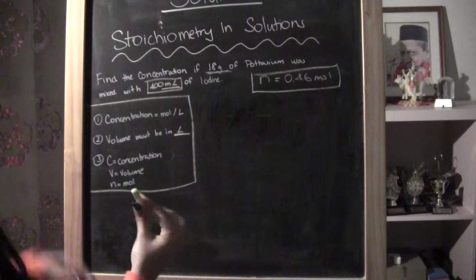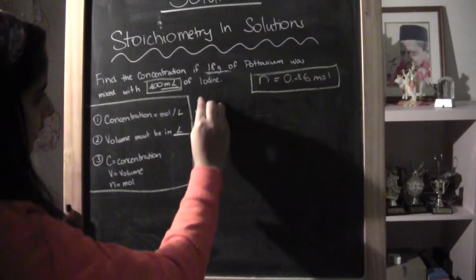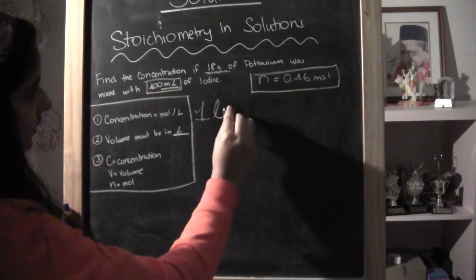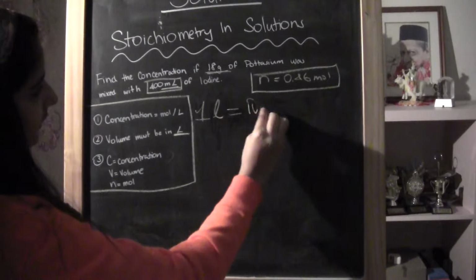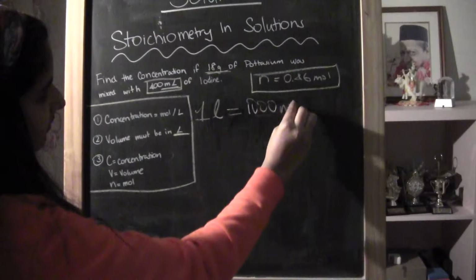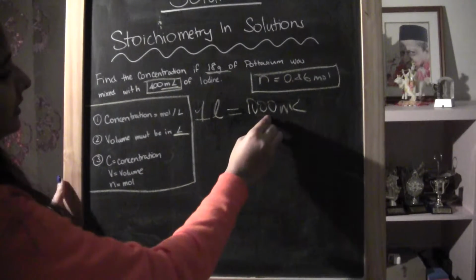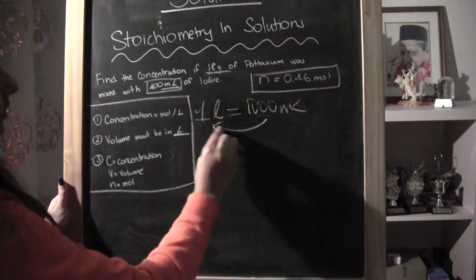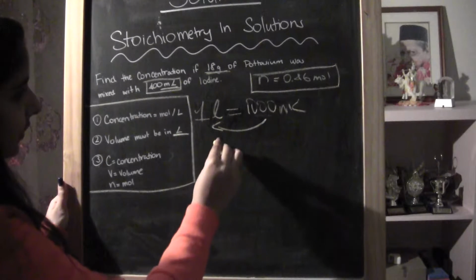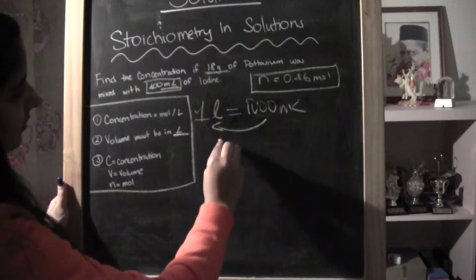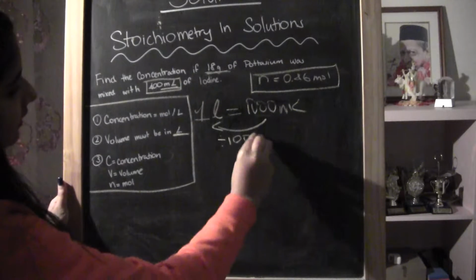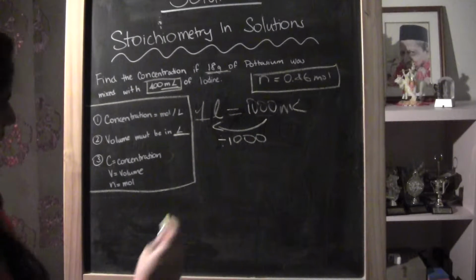So what do we do? We know that 1 liter equals 1,000 milliliters, right? So which means that to go from milliliters to liters, we have to divide by 1,000, right? So that's what we do.